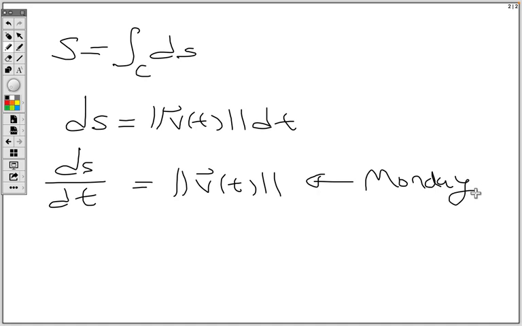All right. Then on Tuesday, we started doing some more in-depth analysis talking about motion in space. So to remind ourselves what we've got going on here, we've got a vector-valued function r, which is our position function. And if I take the first derivative of r, this is going to give us our what?